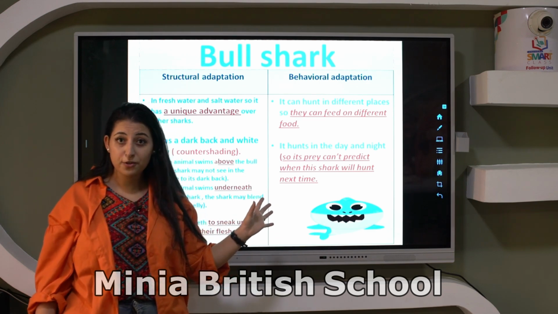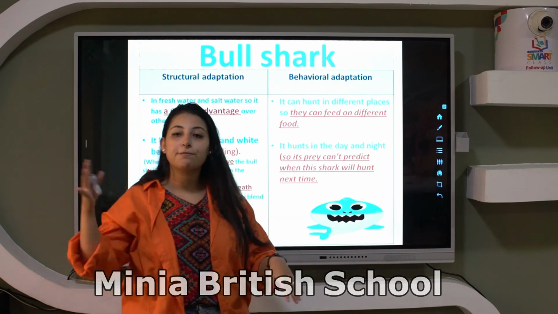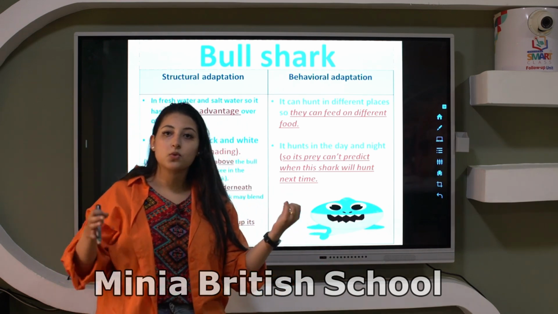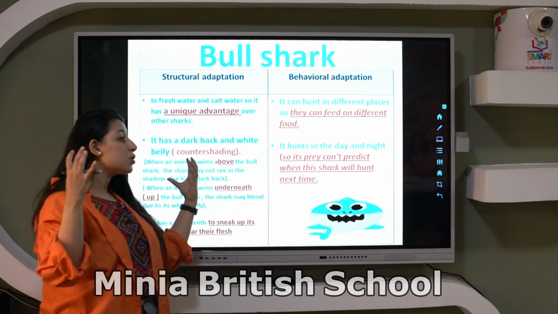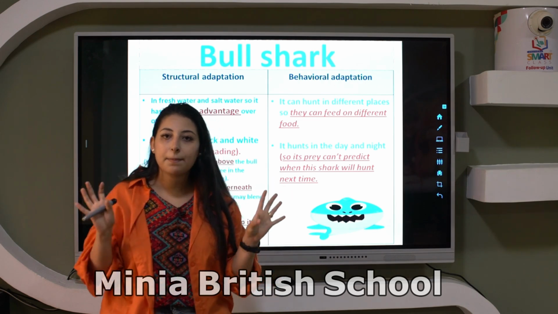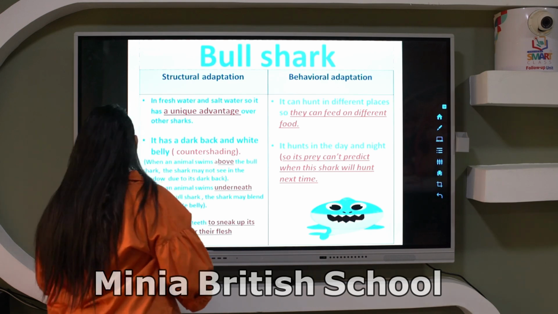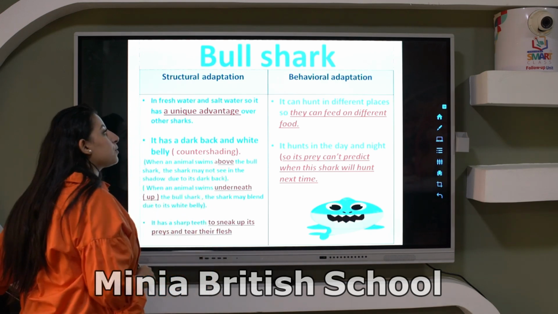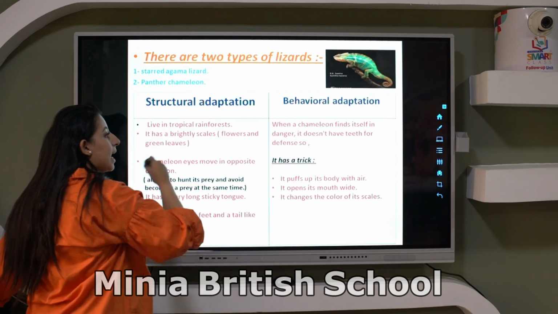Do you know Nemo fish? It can also eat Nemo fish. All types of food in fresh water and salt water. So when we say the bull shark eats all types of food, we are talking about its behavioral adaptation. This is our bull shark, which has a structural adaptation and also a behavioral adaptation.